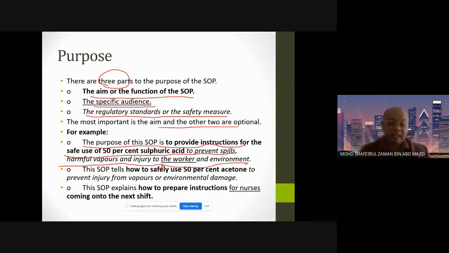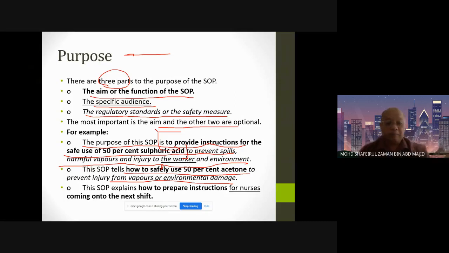As you can see in the example, it is to provide instructions for the safe use of 50% sulfuric acid to prevent spills, harmful vapors, and injury to the worker and environment. Example number two, this SOP tells how to safely use 50% acetone to prevent injury from vapors or environmental damage. So that is the aim.